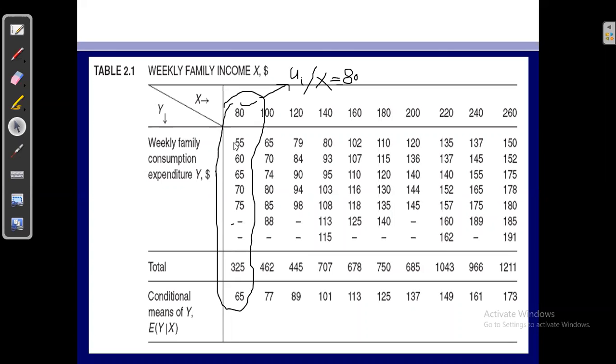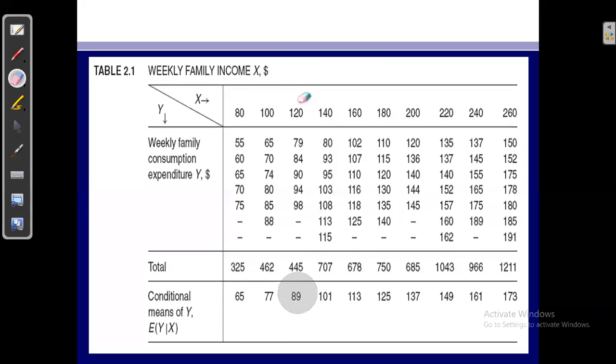Similarly, if you repeat the same process here, if you obtain the disturbance term values corresponding to x equal to 100, okay? Corresponding to x equal to 100, if you obtain the difference of each of these numbers from 77: 65 minus 77, 70 minus 77, 74 minus 77, and so on.